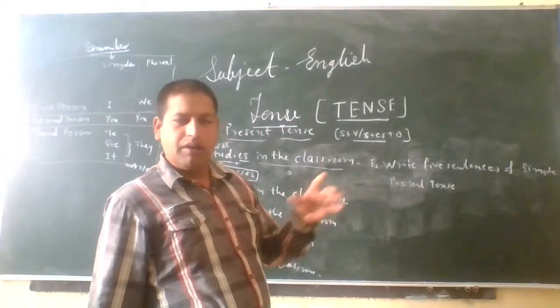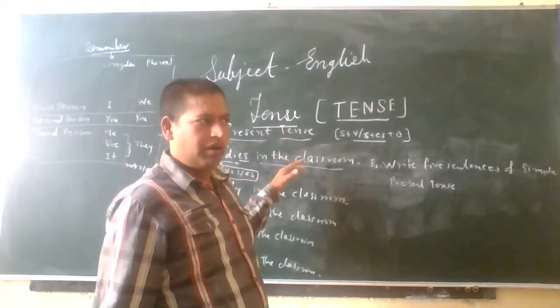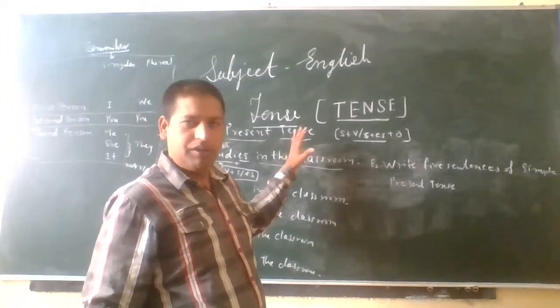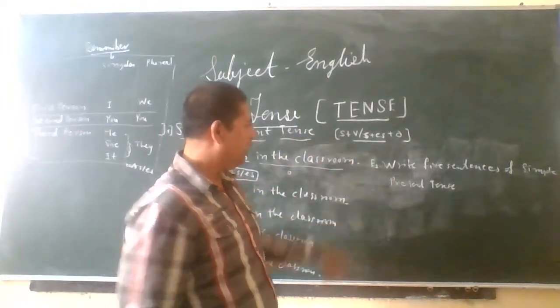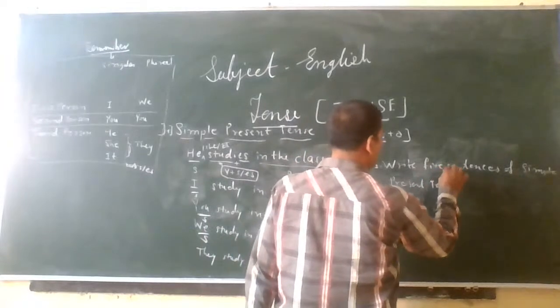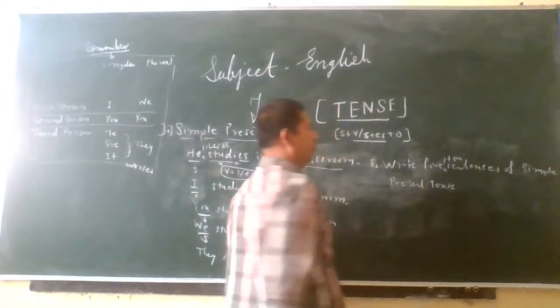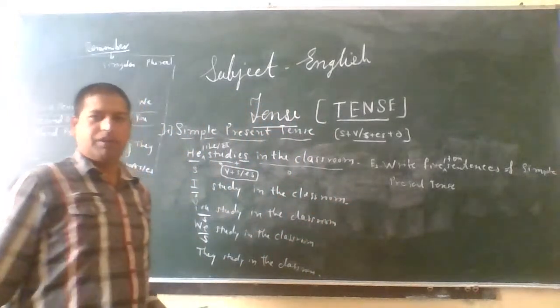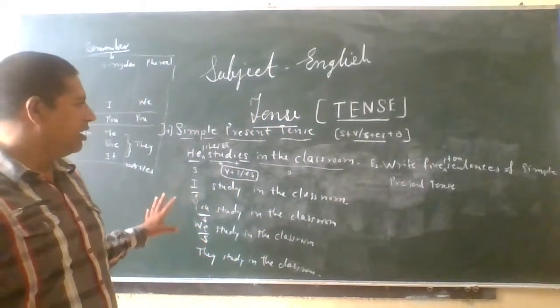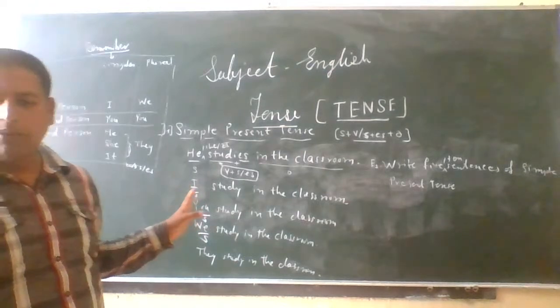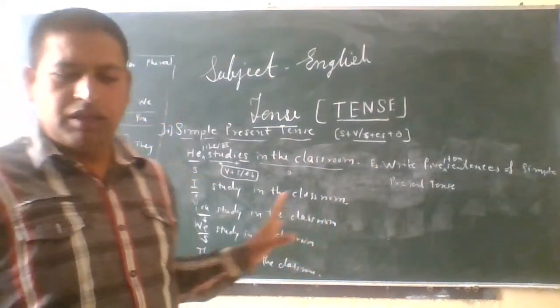When the topic is over, you can complete it yourself. If you write ten sentences, no problem. Five or ten, there is an option. Is it clear? Do you have any doubt about the simple present tense?